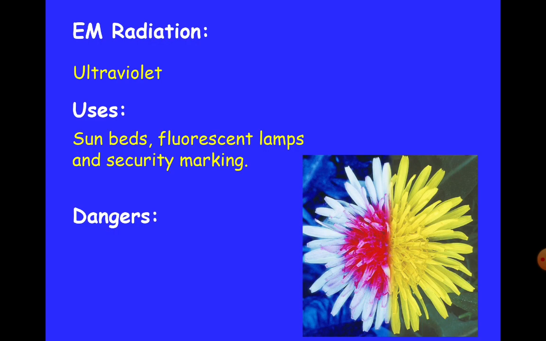People go under the ultraviolet sunlight, or special spas where you can do this. We have fluorescent lamps to detect counterfeit bills, security markings. Some dangers can be sunburn, skin cancer, and blindness.